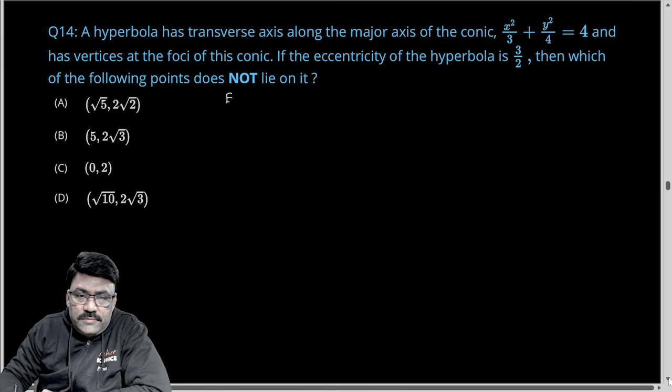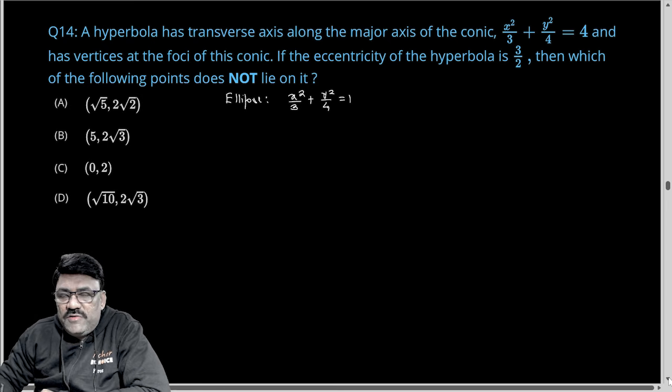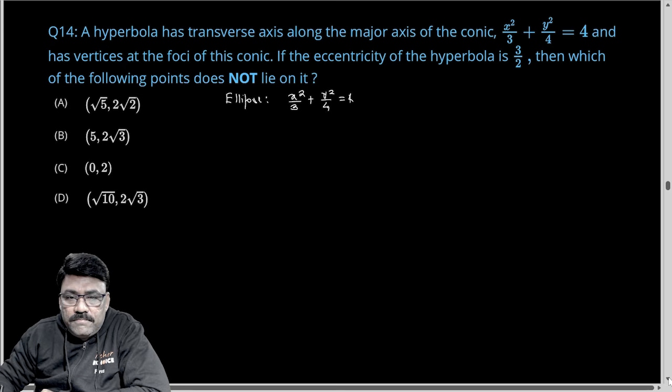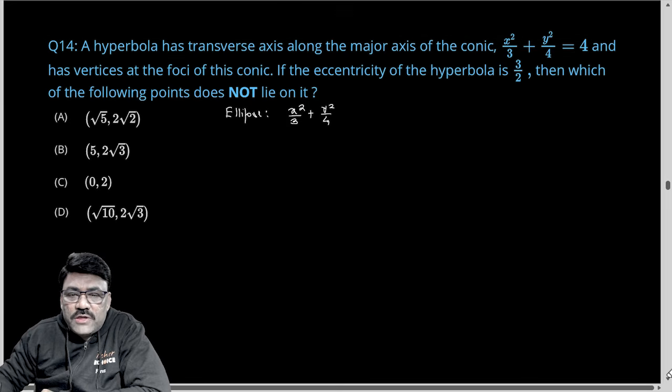The ellipse is x square over 3 plus y square over 4 is equal to 1. Actually, it is not 1, it is 4 on the right side. x square over 3 plus y square over 4 is equal to 4.